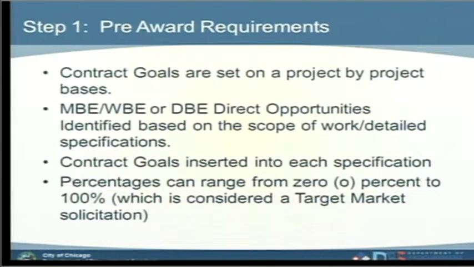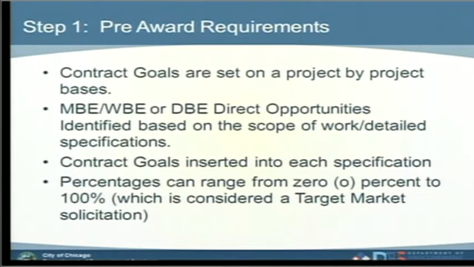The first one is the pre-award requirements. The contract goals are generally set up on a contract-by-contract basis. The minority business, woman business, and disadvantaged business opportunities are identified based on the scope of the work and the detailed specifications. It's not generic, it's very specific.